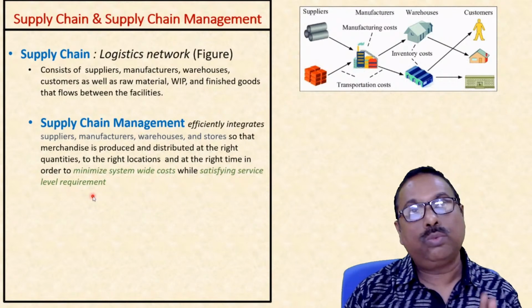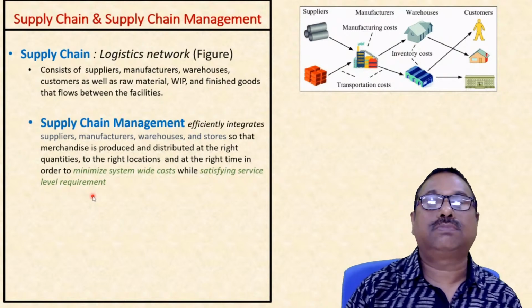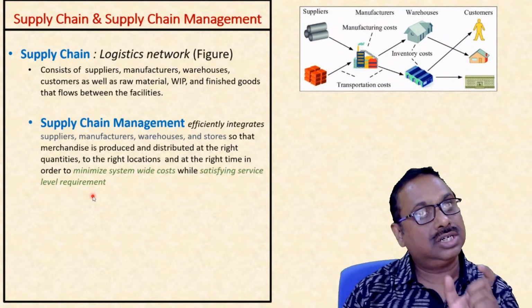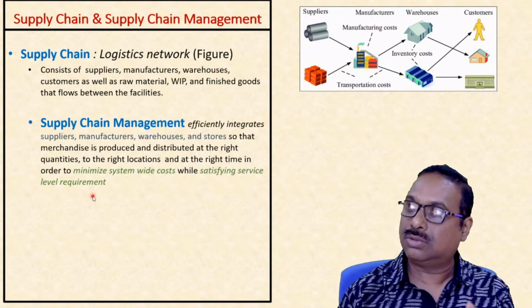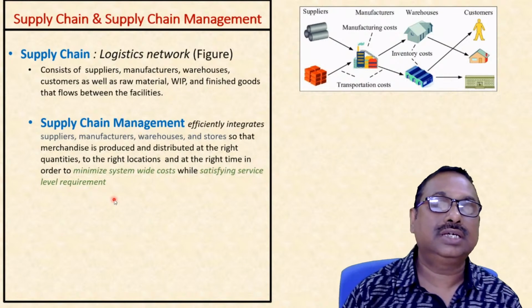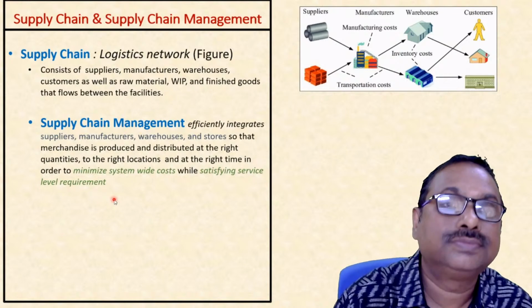These are the two major objectives of supply chain management: minimizing not only one functional area but the total system-wide cost, and satisfying the service level requirement.